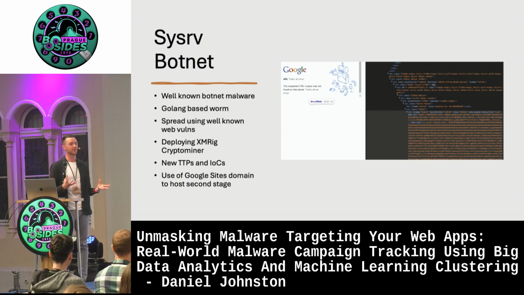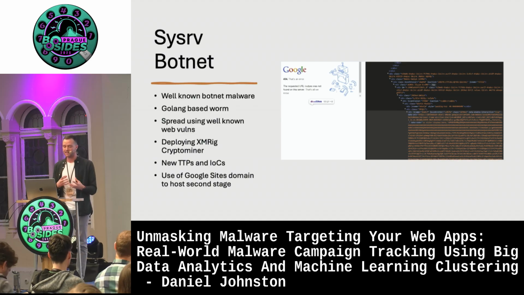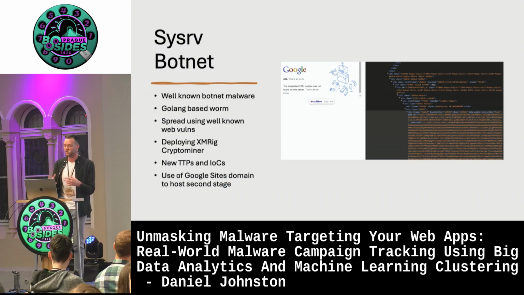We were able to use the infrastructure and the services that we created in order to identify new TTPs and new IOCs that weren't previously available in the public domain. We were able to aggregate all of the web application events, the web requests, and the attacks, along with the samples, and then analyze it in a very effective and efficient way.